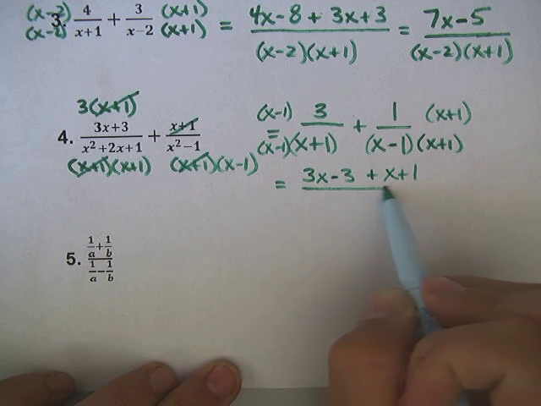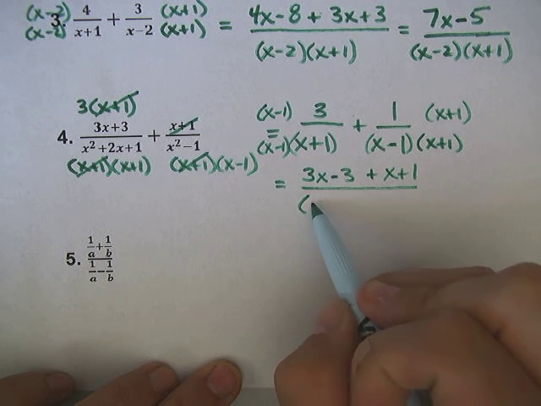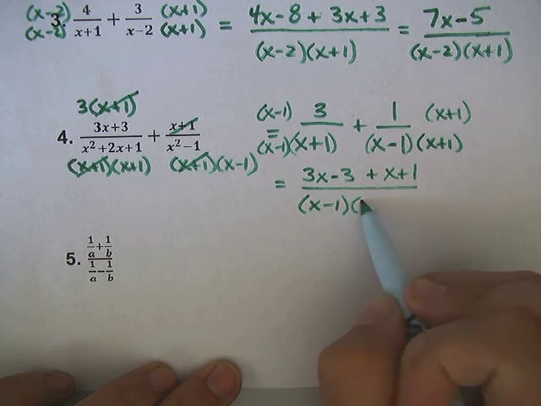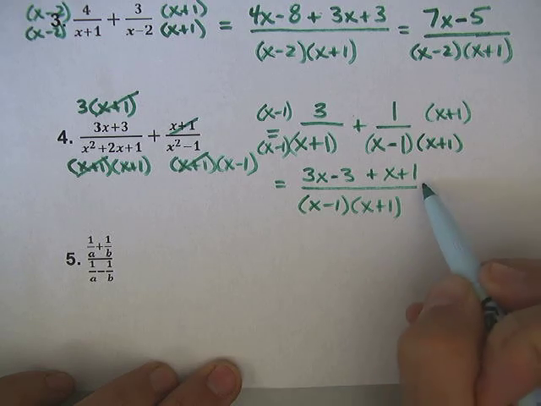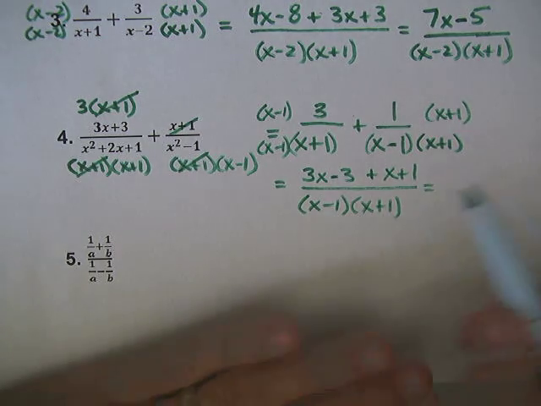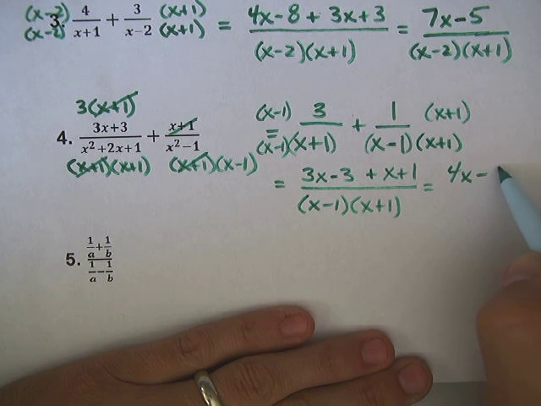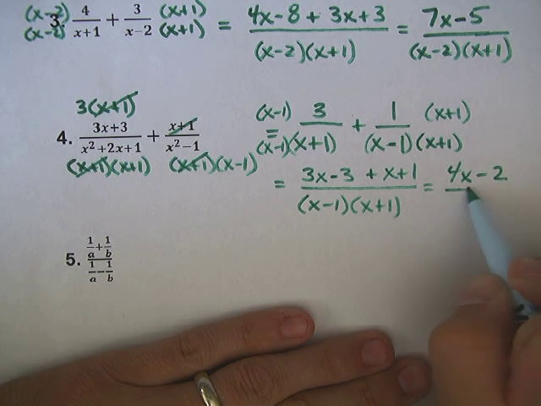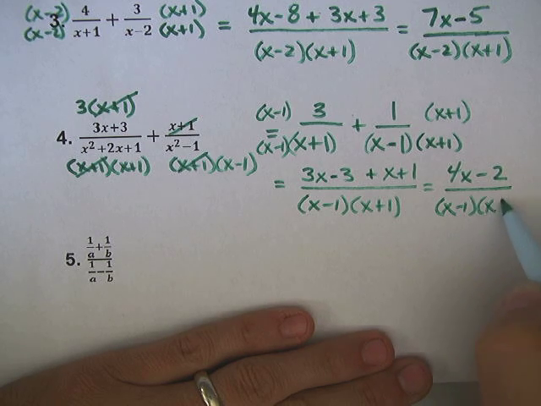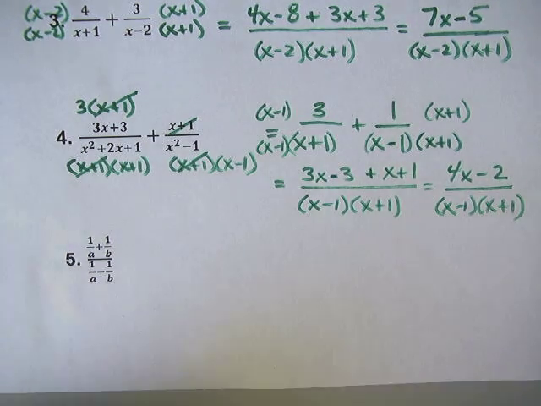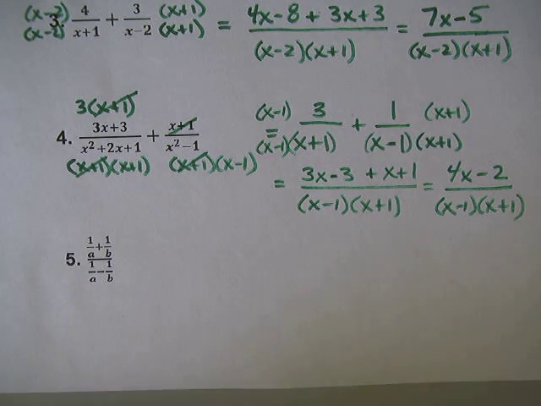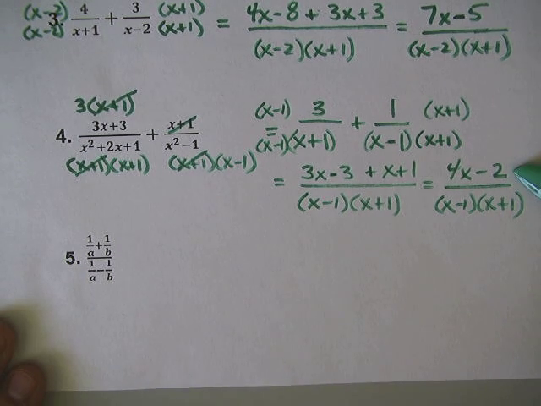And so when I do that, if I distribute the 3x minus 3, here I'm just going to be left with an x plus 1. And on the bottom, I have that x minus 1 times x plus 1. Simplify a little bit more. Here I'm going to get a 4x minus 2 over this x minus 1, x plus 1.